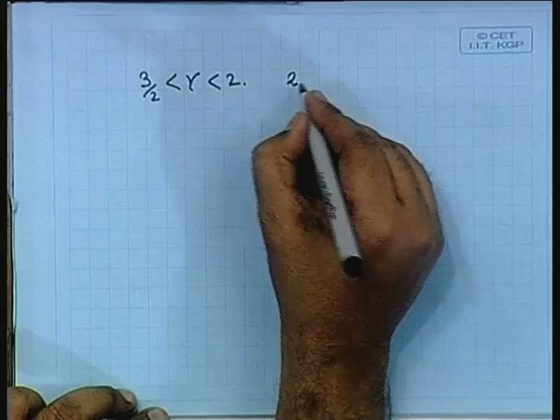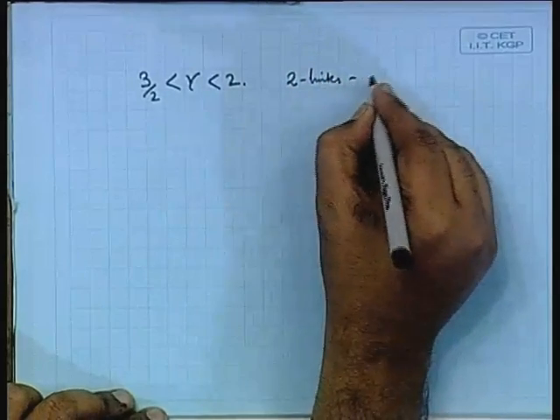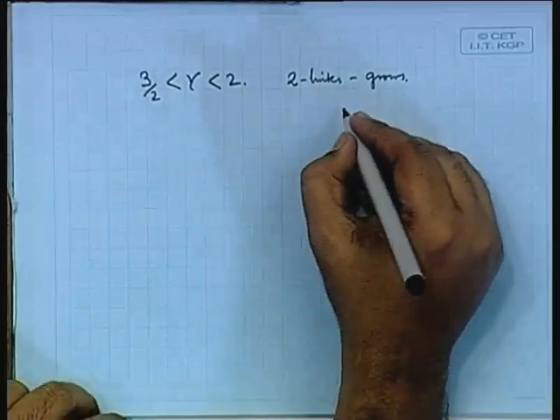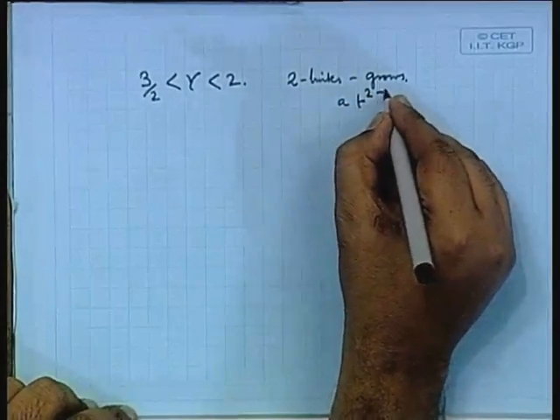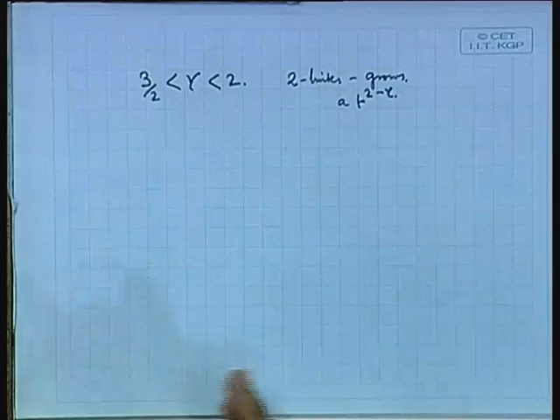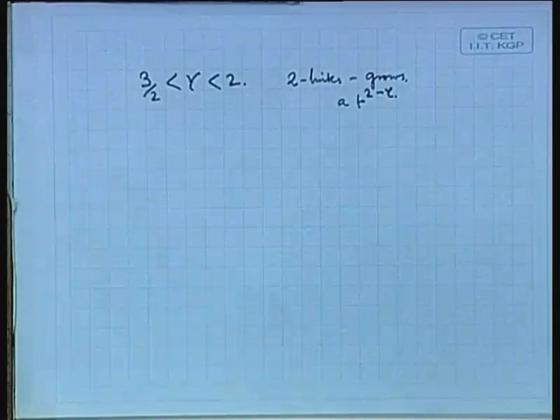Now if I see 2 to 3, the number of nodes with 2 links grows as t to the power 2 minus gamma, while the number of nodes with more than 2 links is finite. In the first case, the number of nodes with one link was infinite, while the number of nodes with more than one link was finite; there was one single node which has degree n minus 1.